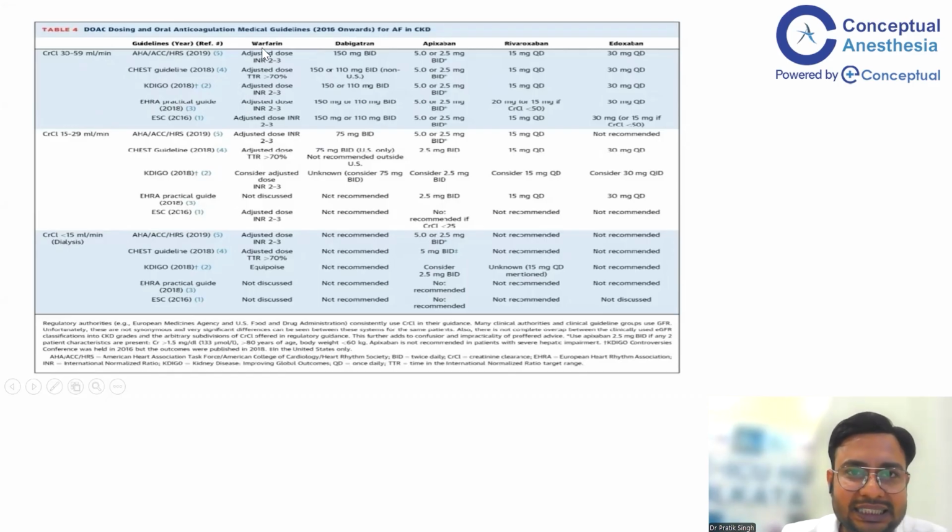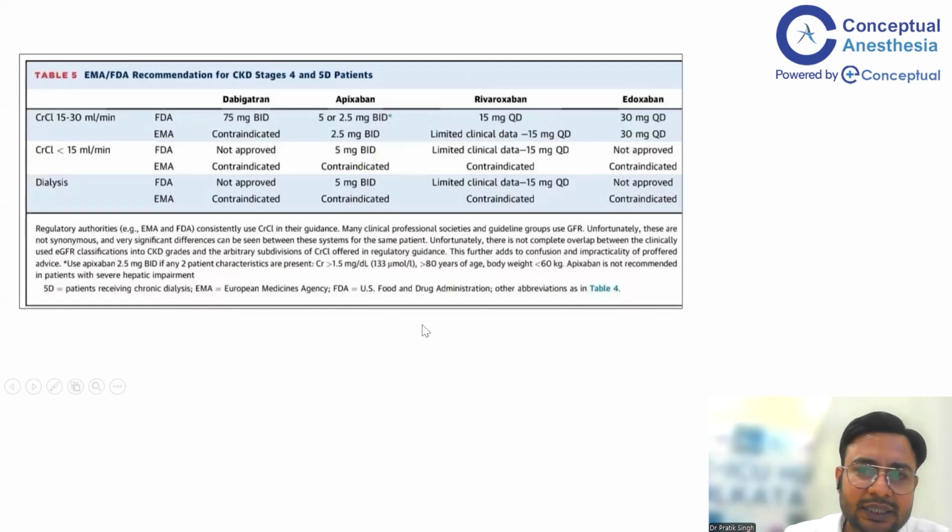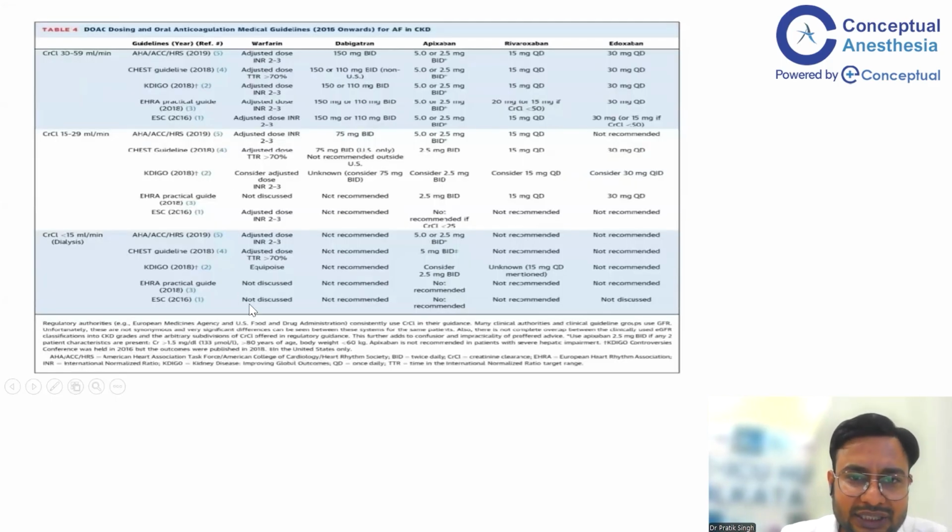We can see here that warfarin with an INR of 2 to 3 can be used if the patient has clearance of 30 to 59. In all the cases, it only needs a bit of titration. Otherwise, warfarin is a safer alternative if the patient has any kind of kidney disease. Apixaban with dose modification can be used safely in kidney disorder, even if the creatinine clearance is less than 15.